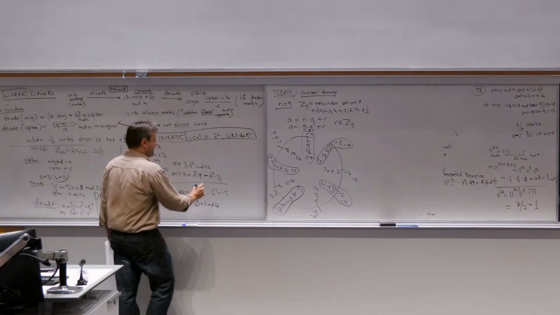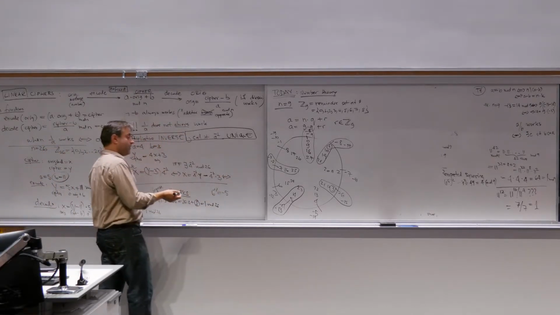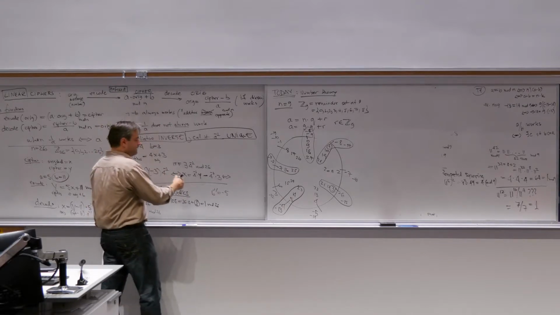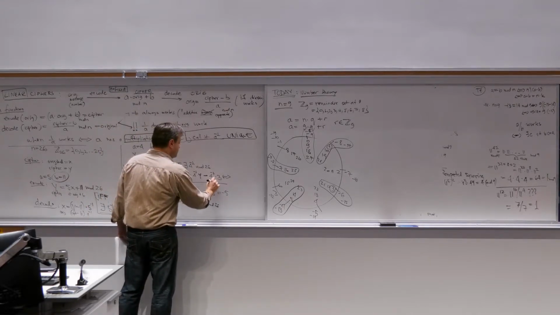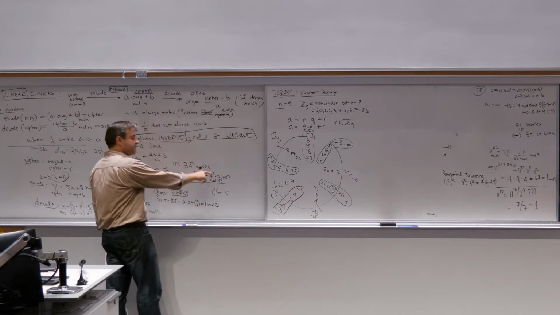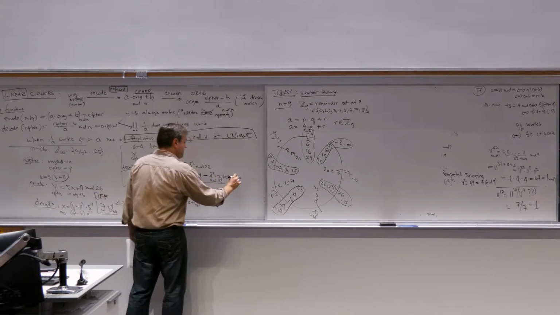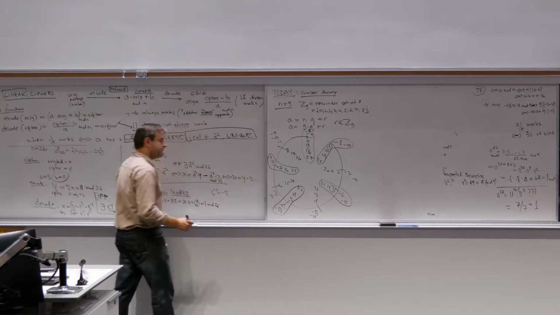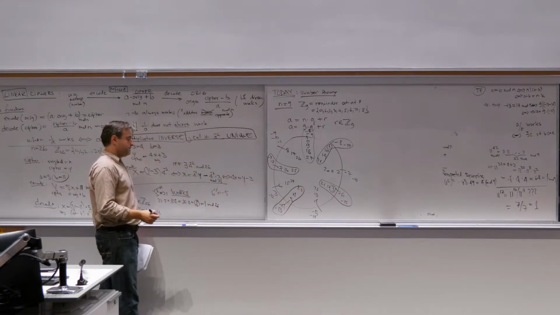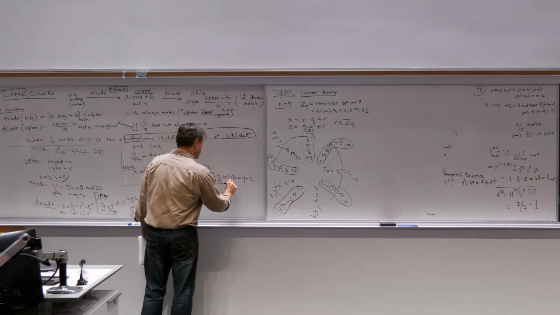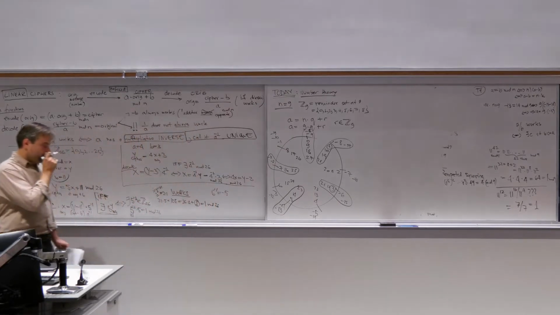Now if I multiply everything with 4, modulo 26, I get 4x should be y minus 3, modulo 26.